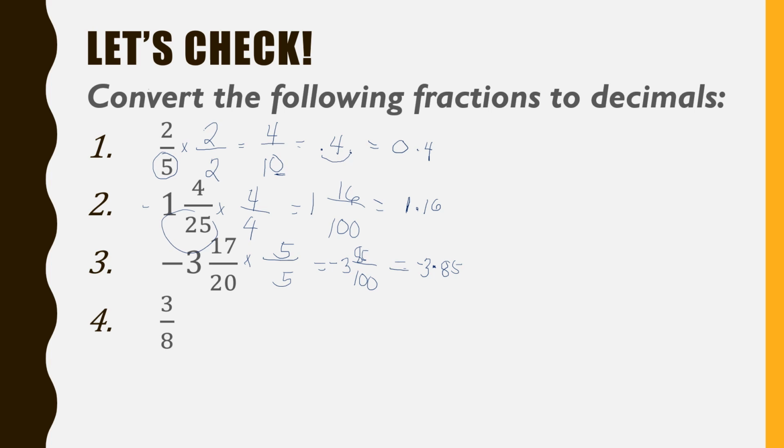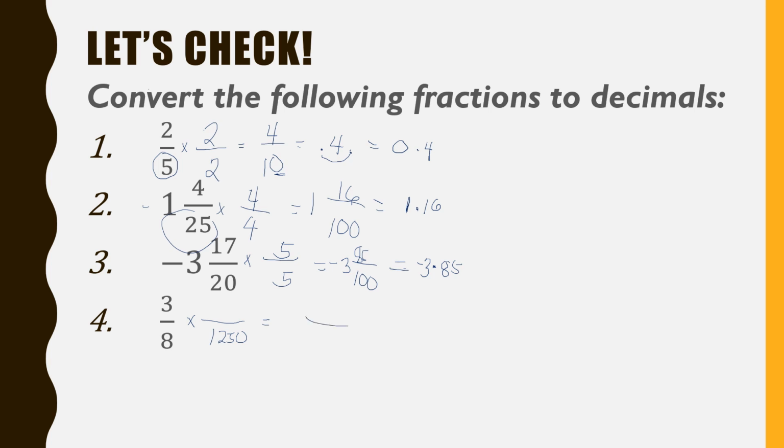Number 4, so we have 3 over 8. We can multiply a number, I think it is 10,000. So we could multiply it by a number to get 1,000. And what is that number? It is 125. I mean, we could multiply a number by 8 to get 1,000.